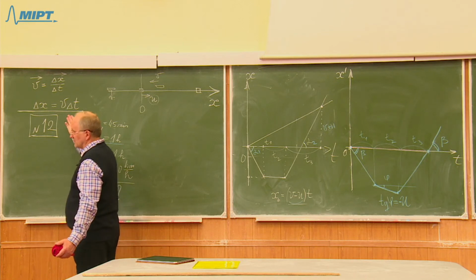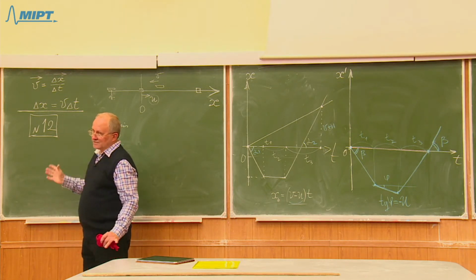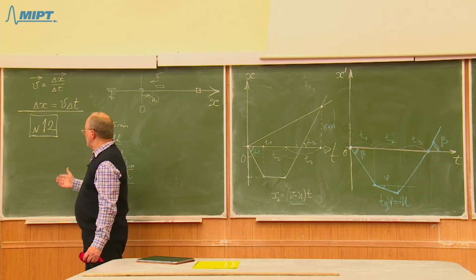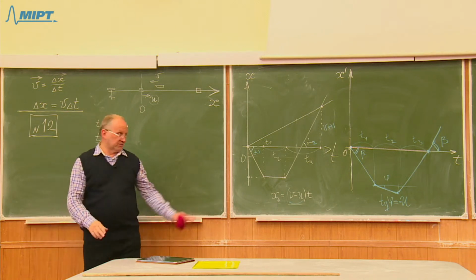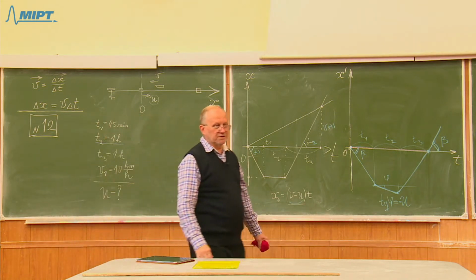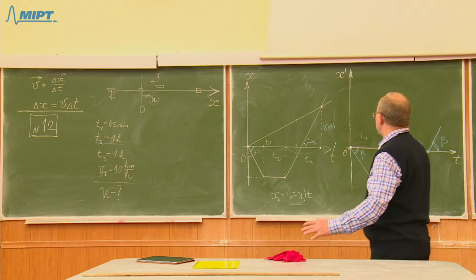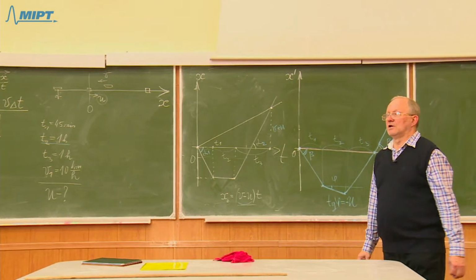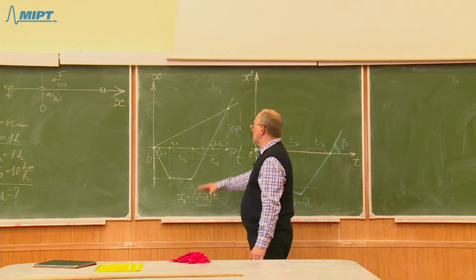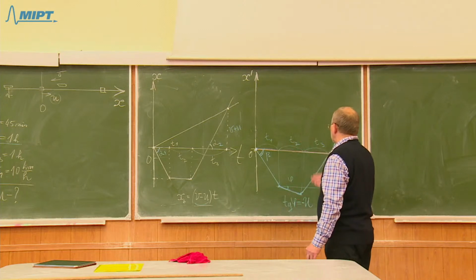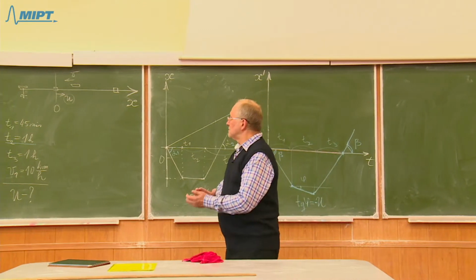And the formula is very simple. But a lot of complicated situations may occur based on this simple formula. And a lot of such graphs may be used in order to solve problems involving uniform motion. I just wanted you to understand how to draw such graphs, and how to represent graphically all the processes that take place in different problems.